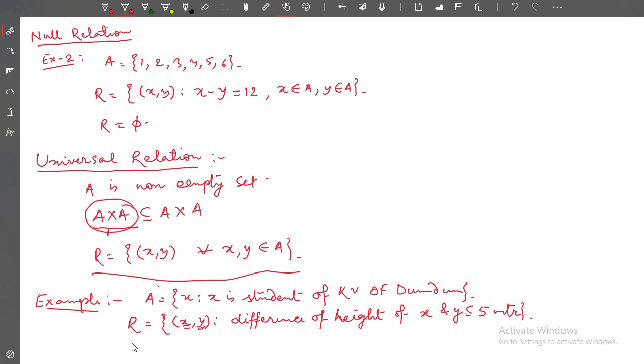This R is actually A cross A. This is the universal relation.